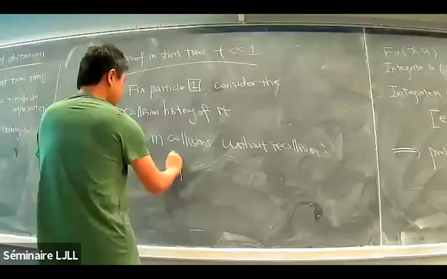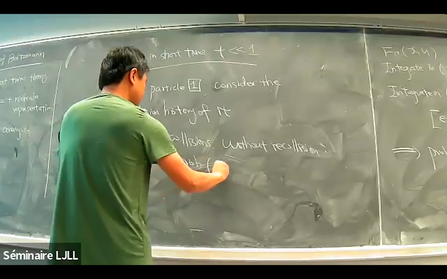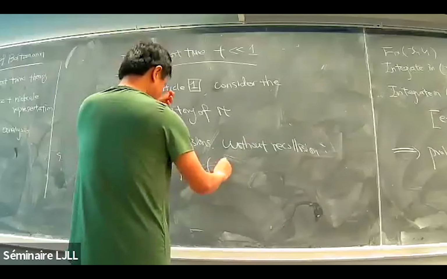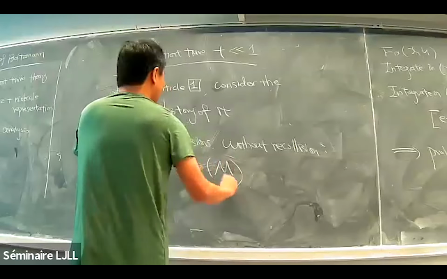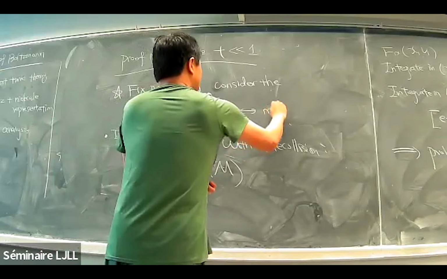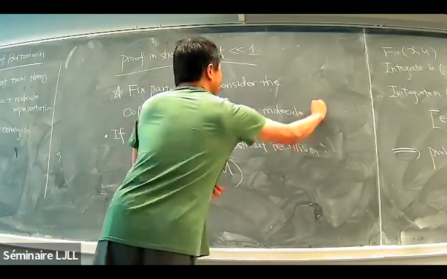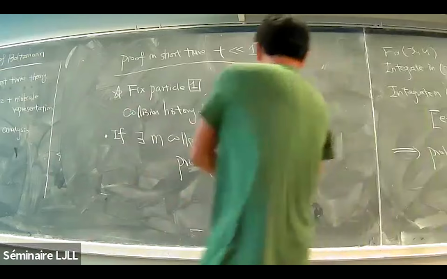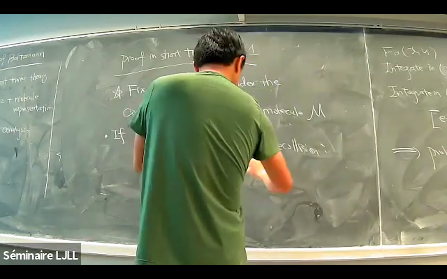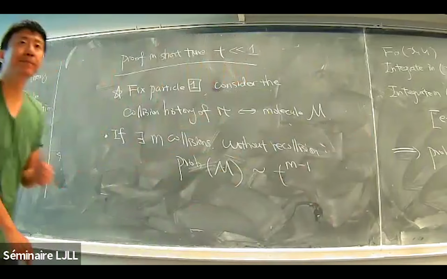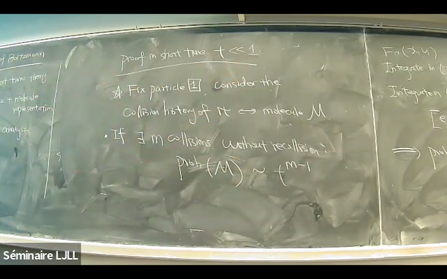Okay, so the probability of this, it's big M. This we call a molecule. This is a big M. It's equal to actually P to the M as well. Okay, so this is saying picture one.